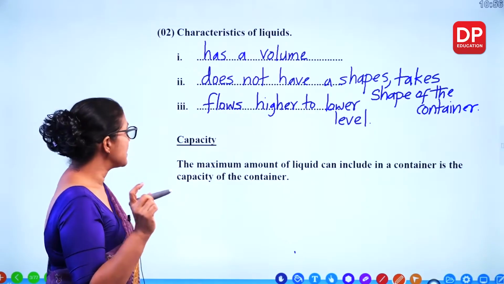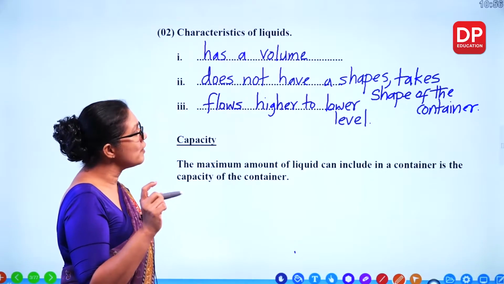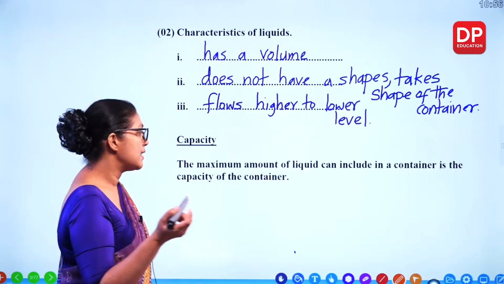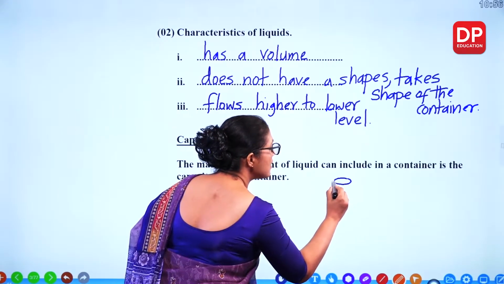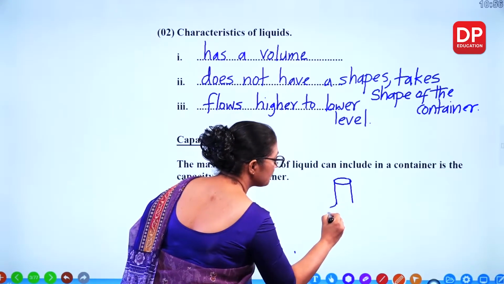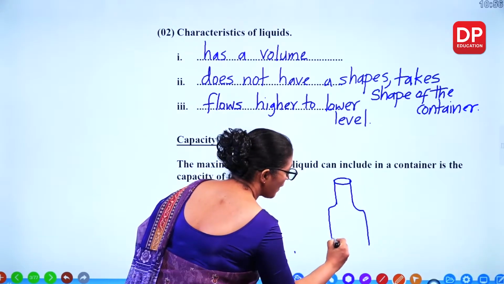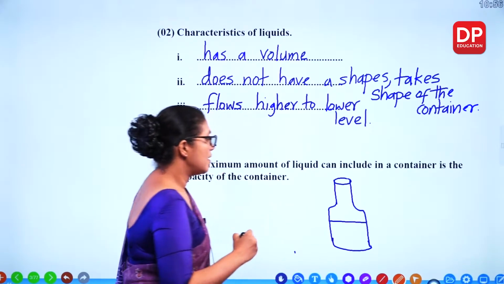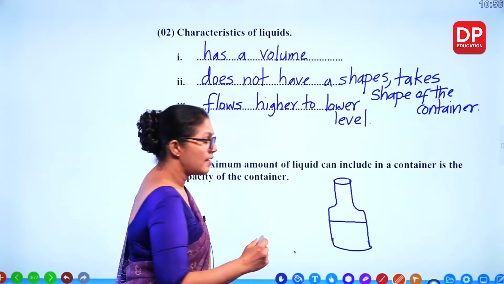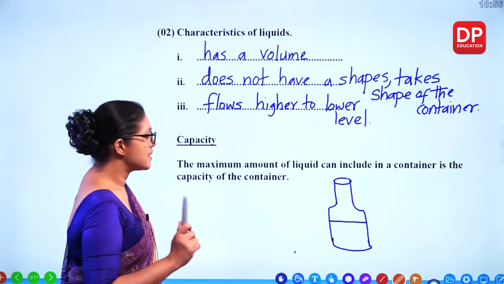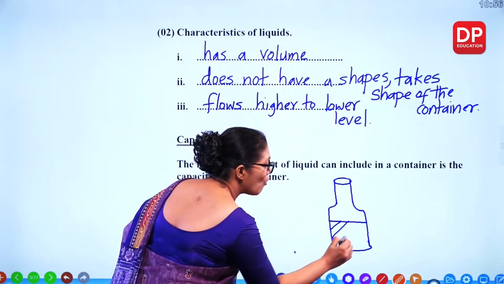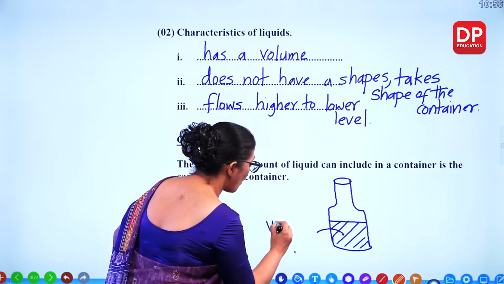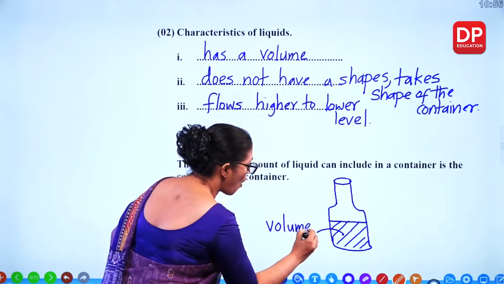What is capacity? The maximum amount of liquid that can be held in a container is the capacity of the container. Take a container like this. When you fill it somewhere here, this is not the capacity. This we call the volume of liquid, up to this point.